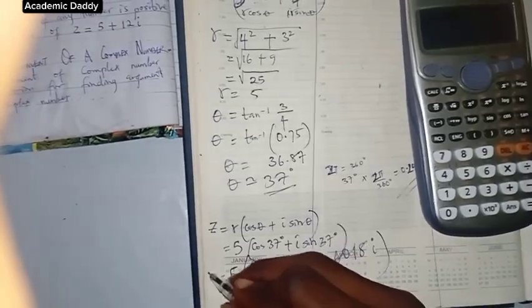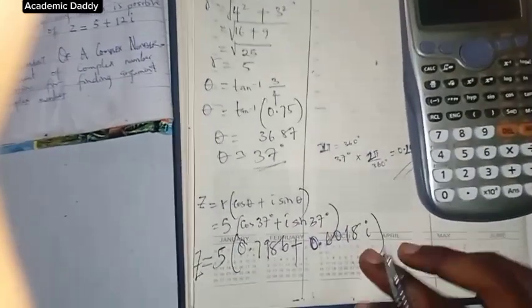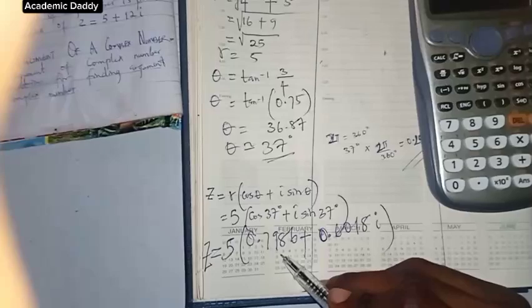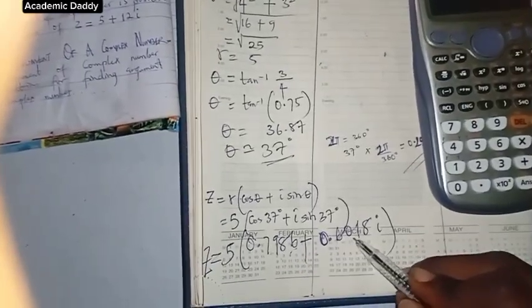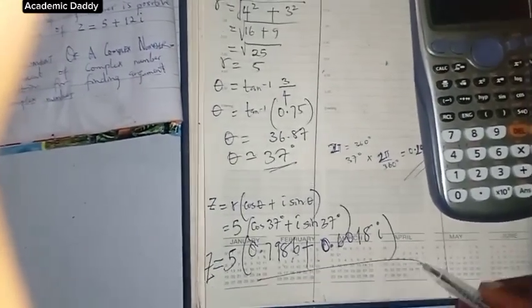Multiply by 5. So this is the polar form: 5 into 0.7986 plus 0.6018i. I can leave it like this.